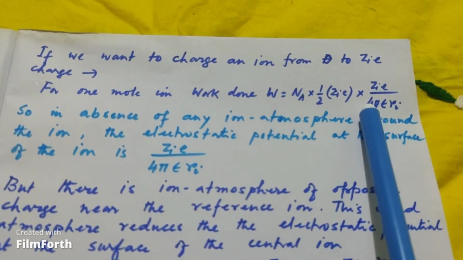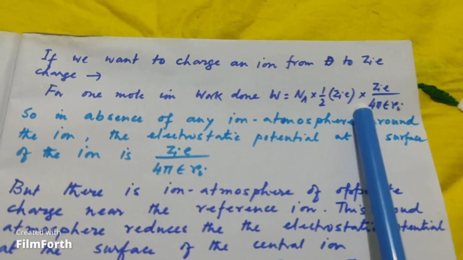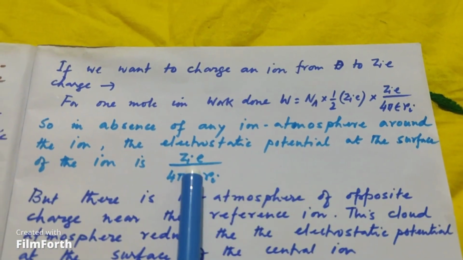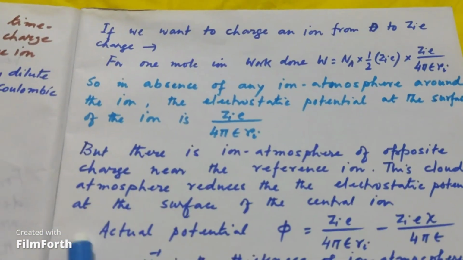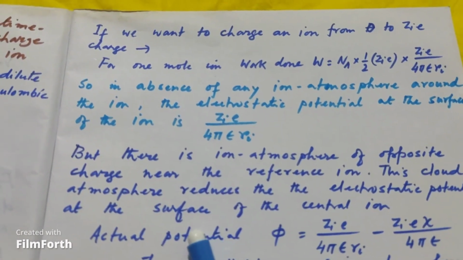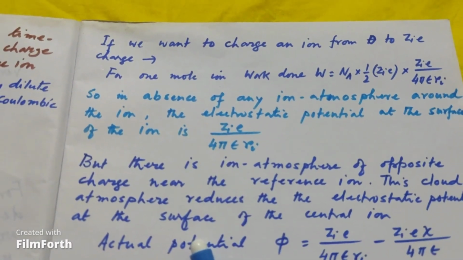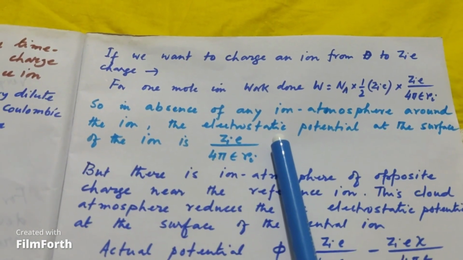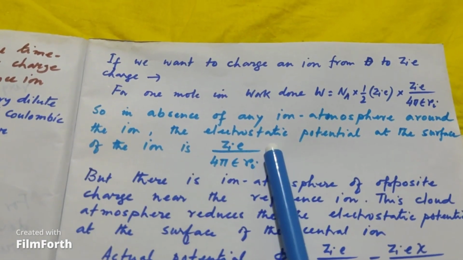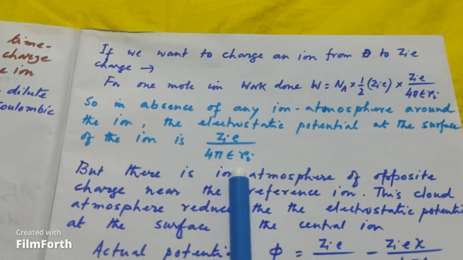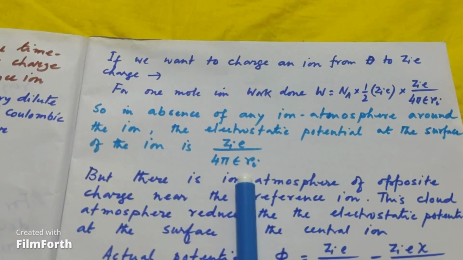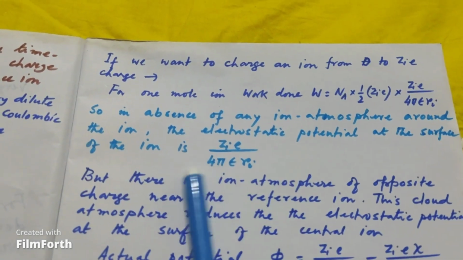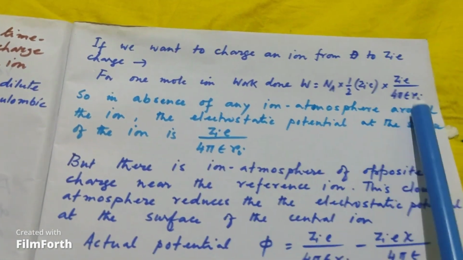So this is the work done to charge an ion from 0 to Z_i e charge. But this is the work done in the absence of any ion atmosphere around the ion. If there is no ion atmosphere surrounding a reference ion, then its electrostatic potential will be Z_i e by 4 pi epsilon r_i.